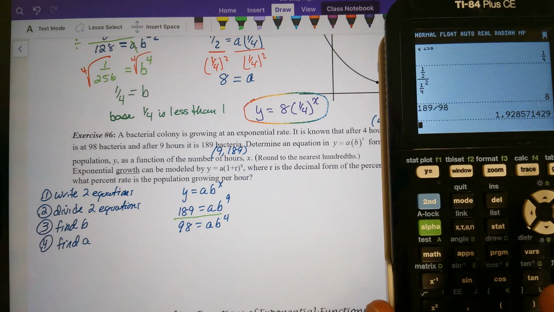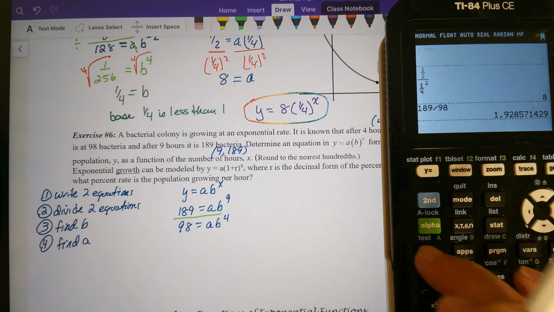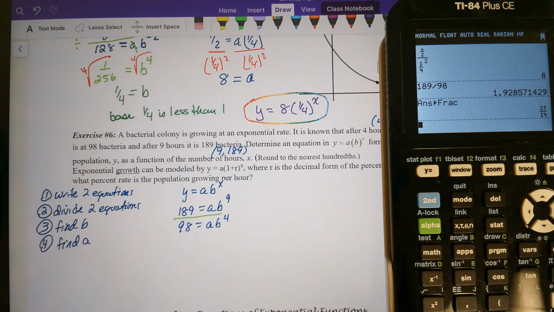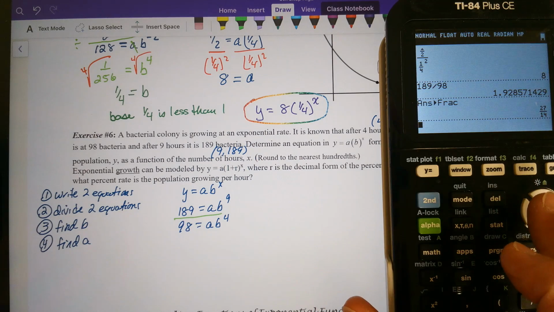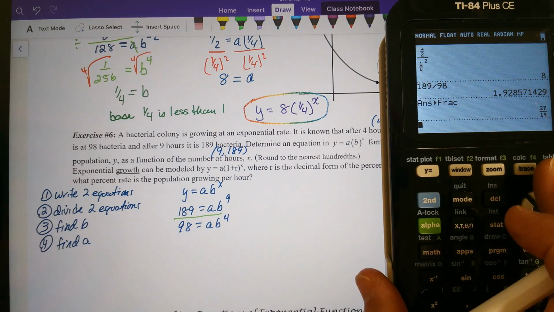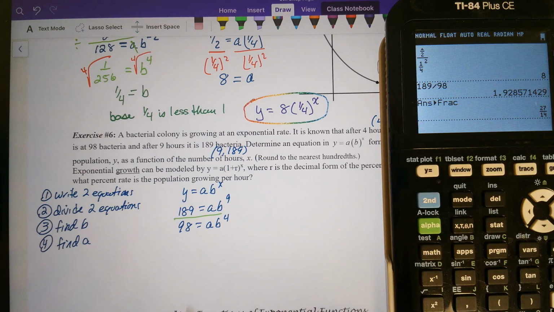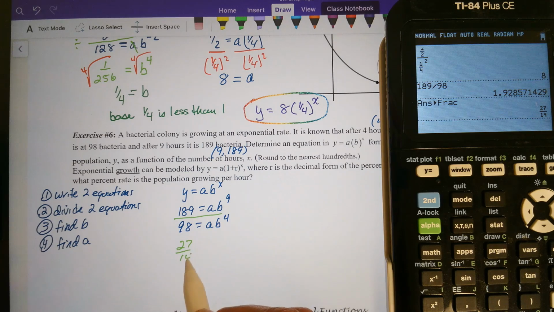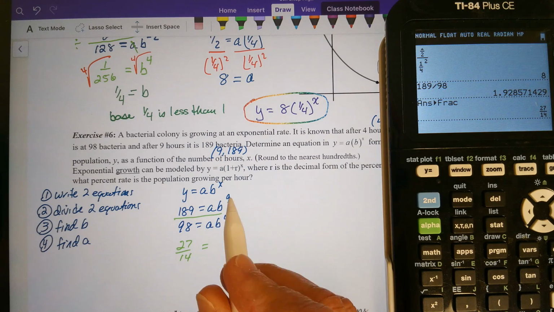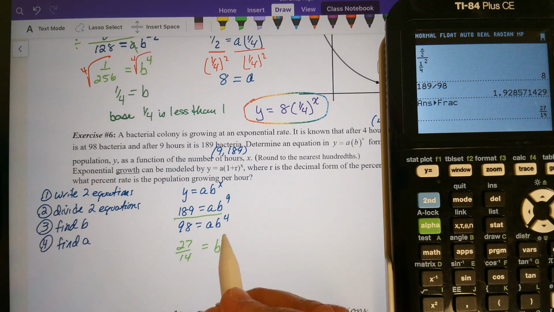Ooh, not very nice. I'm going to math frac that. 27/14 is what I'm going to leave. The A's divide out. 9 subtract 4 is 5.